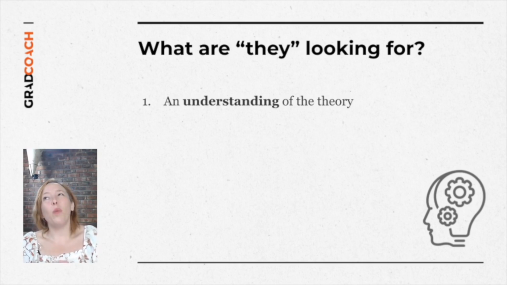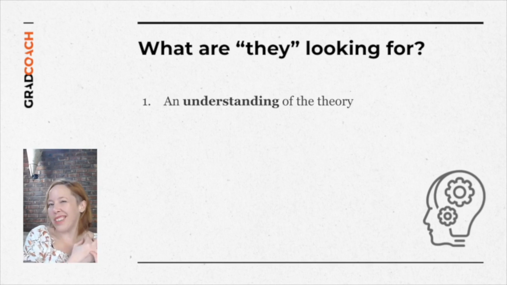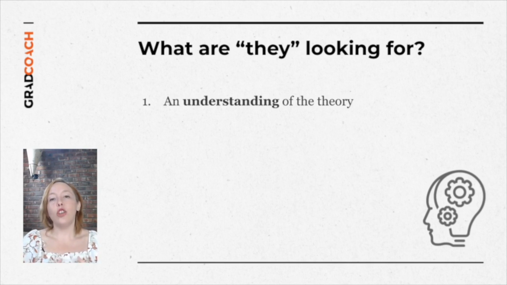They want to see that you didn't just choose this theory randomly, that this theory makes sense for your research and that you have a good reason as to why you're using this theory. And they need to see how this theory might be used to provide you with a set of expectations in quantitative research hypotheses or propositions that you can use for your own research.